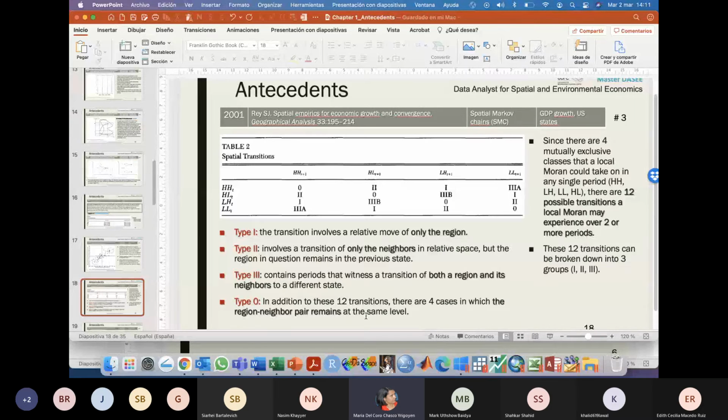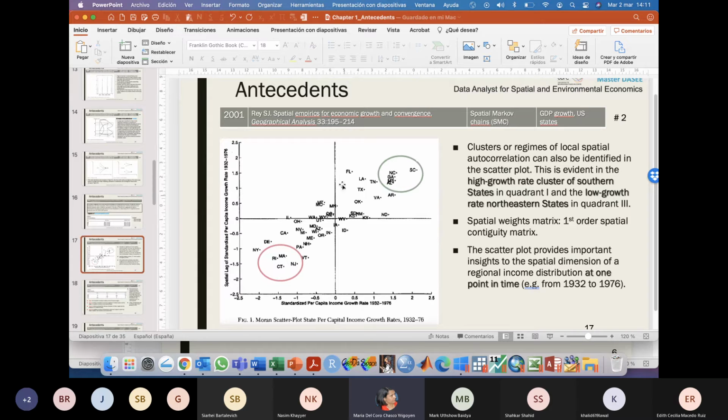Next, the Moran's scatter plot represents 4 mutually exclusive classes. As you can see here, we have these 4 quadrants: quadrant 1, 2, 3, and 4.